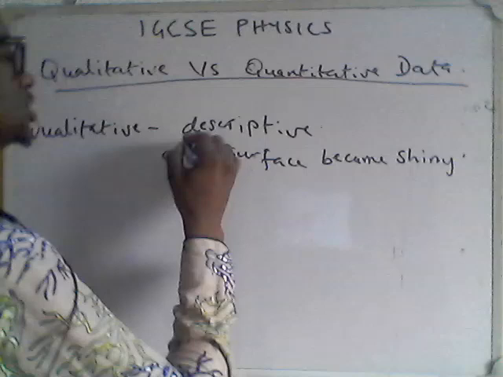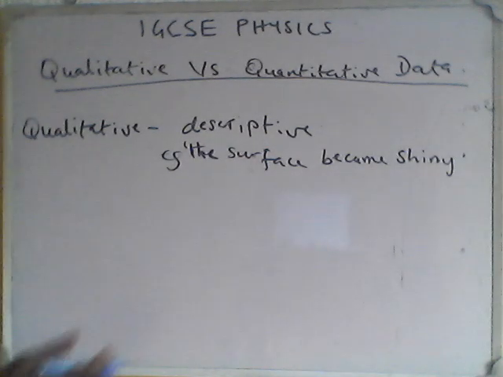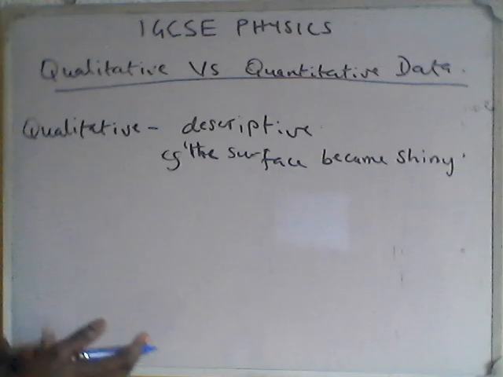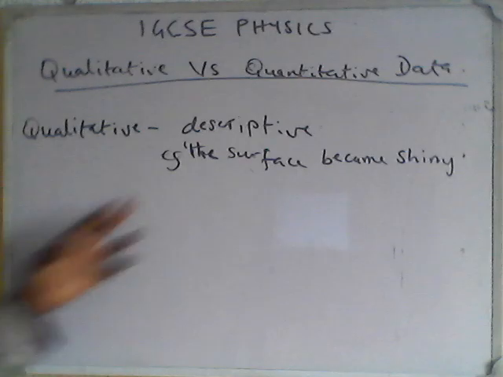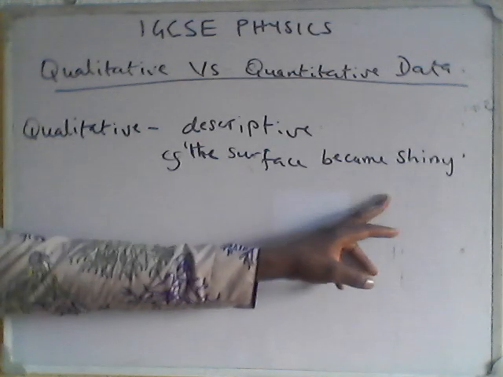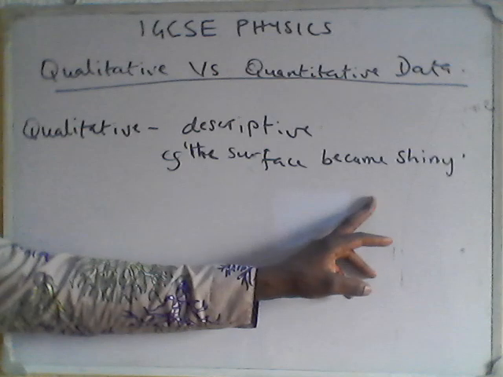Maybe you see this from an observation. You observe this, and you now start saying, "Oh, the surface is shiny or became shiny." This is description. You are describing what you are seeing, what you are observing. And the qualitative has to do with everything in science that has to do with describing. So you have to have the power of observation to be able to describe, and the power of use of language when you are describing.